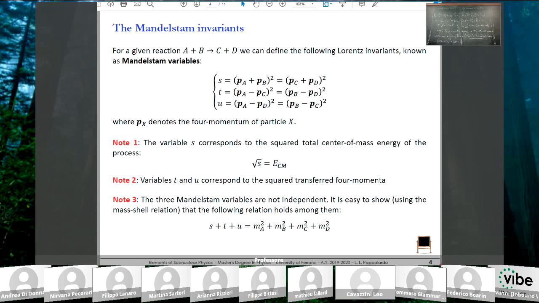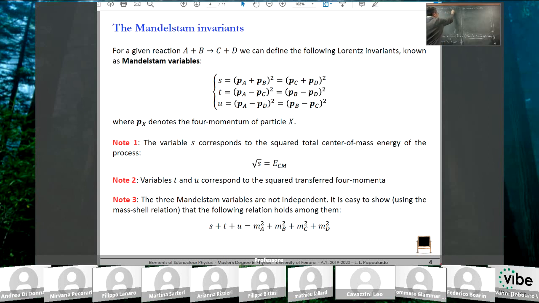Now, let's again make the hypothesis that the particles are the same. Suppose now that particle A is equal to particle B. Suppose that this is a proton. So now this relation becomes, sorry, let's take the square root of this.